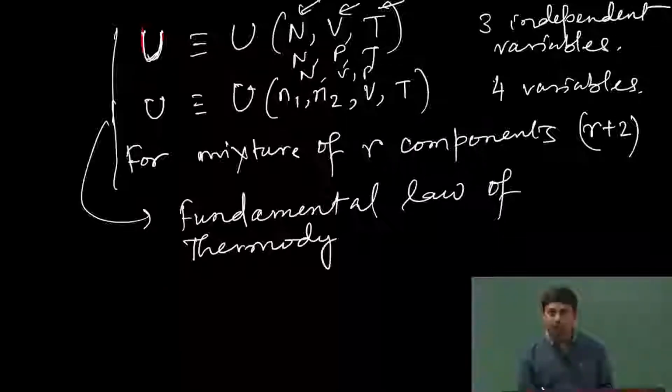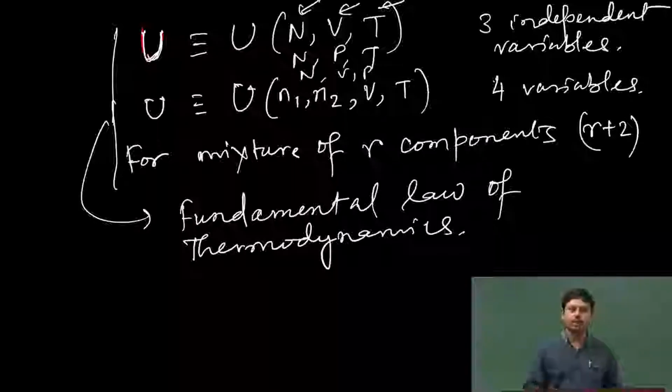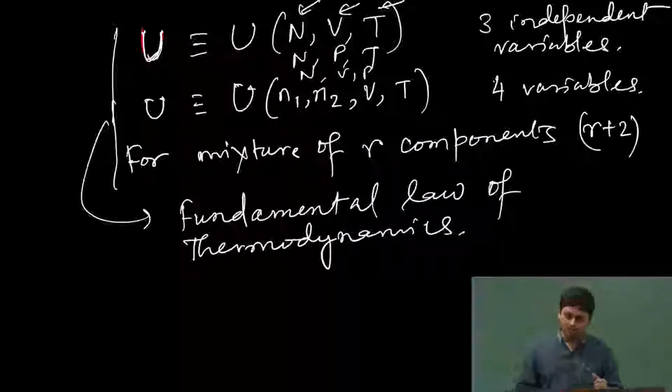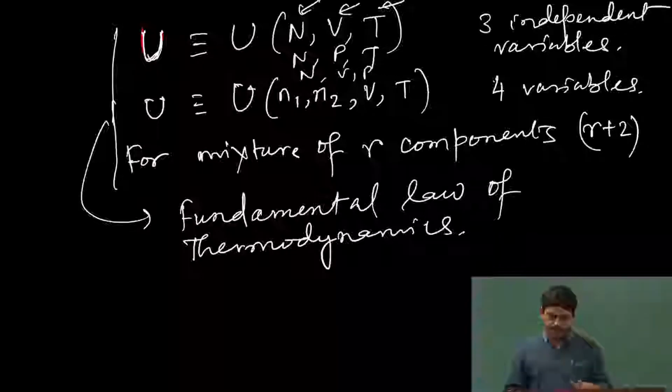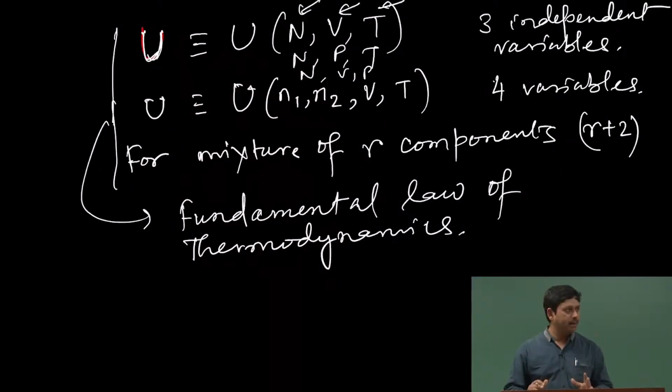We will come back to it later, after we cover the second law, but right now we will just introduce it, because we are mapping the variables like n, P and T into a value of U. It is like a function, a functional form. The only thing you do not know is the nature of the function, that is, how we can express U in terms of n, V and T. That is not known and will vary from system to system.